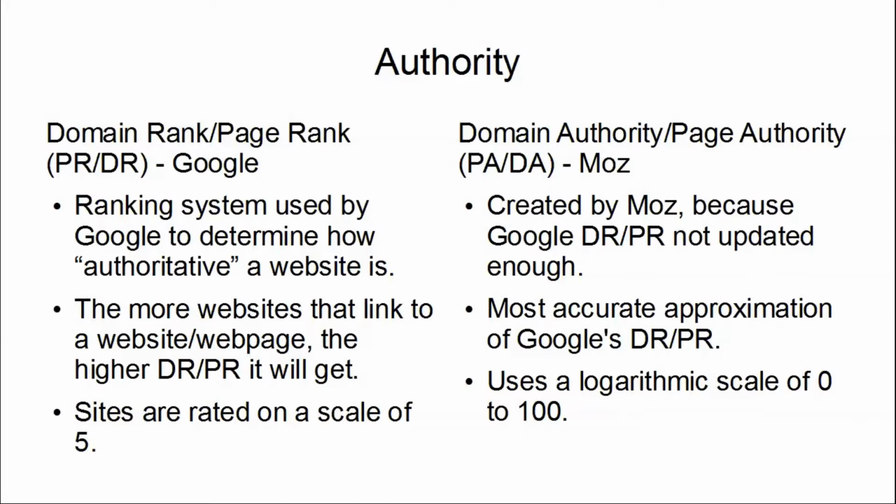Now, Moz just chose to use a scale of 0 to 100, which gets the added benefit that it also gives you a more precise picture, so you can see more precisely how you rank compared to other sites, as well as see more precisely when you're moving up, so you can see when you, let's say, move up from a 23 to a 24, or a 45 to a 47, for example.